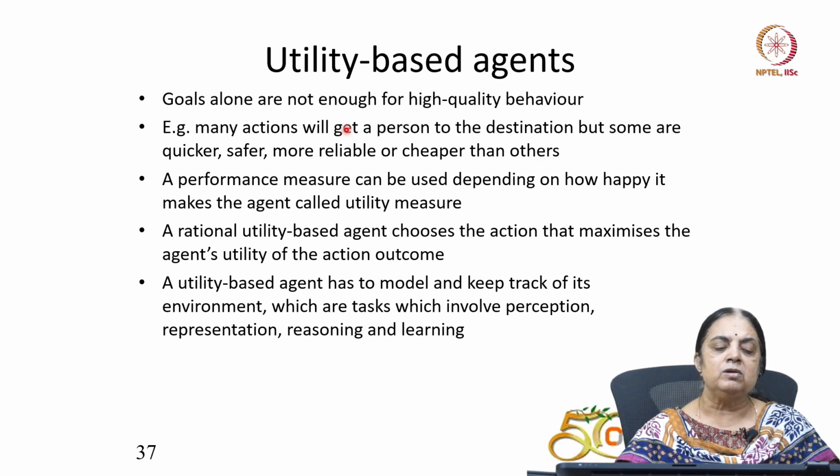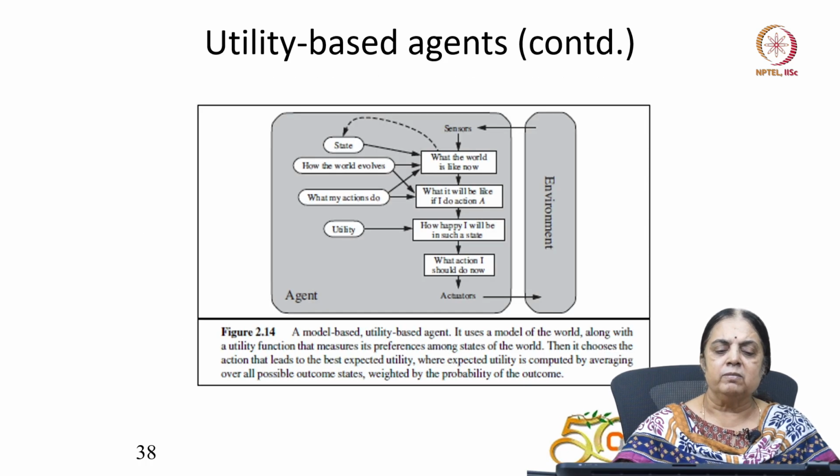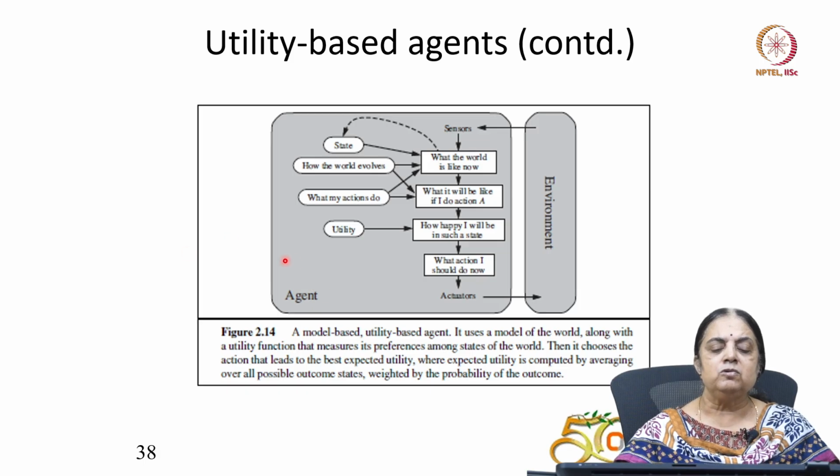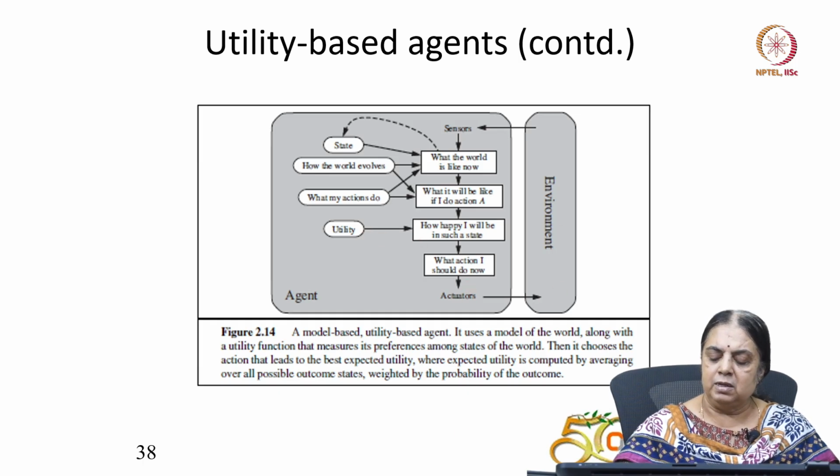You want a quicker route, a safer route, a more reliable route, a cheaper route, etc. So what you use is what is called the utility measure, and the utility measure will tell you which action to take at a particular point in time. So here you use the utility: how happy will I be if I take this particular action? That is used to decide what action is to be taken, basically.